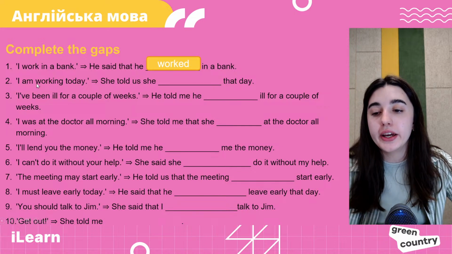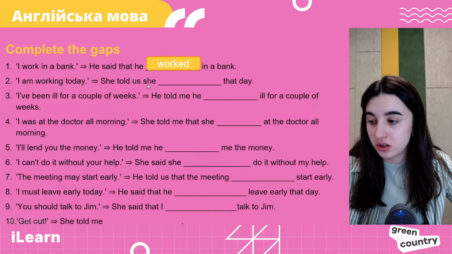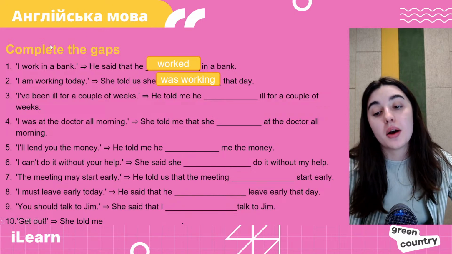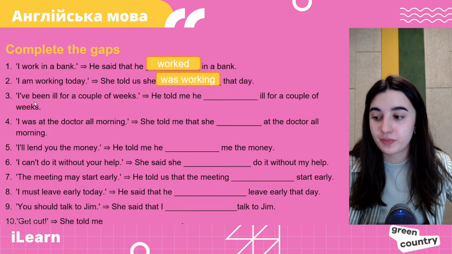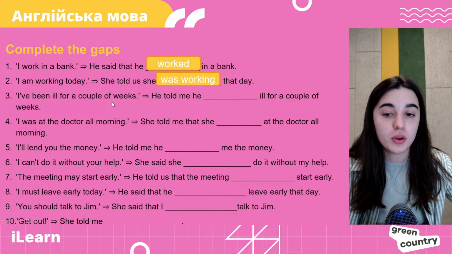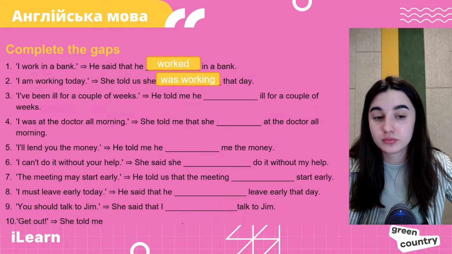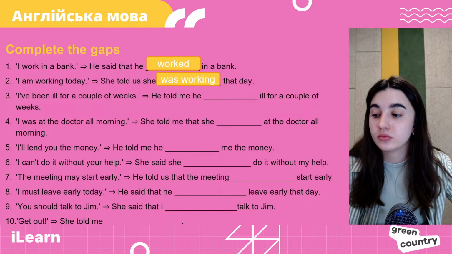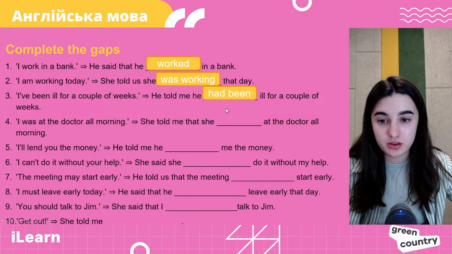Correct. "I am working today." She told us she was working that day. Correct. We have present continuous. We change it into past continuous. "I've been ill for a couple of weeks." He told me he had been ill for a couple of weeks.